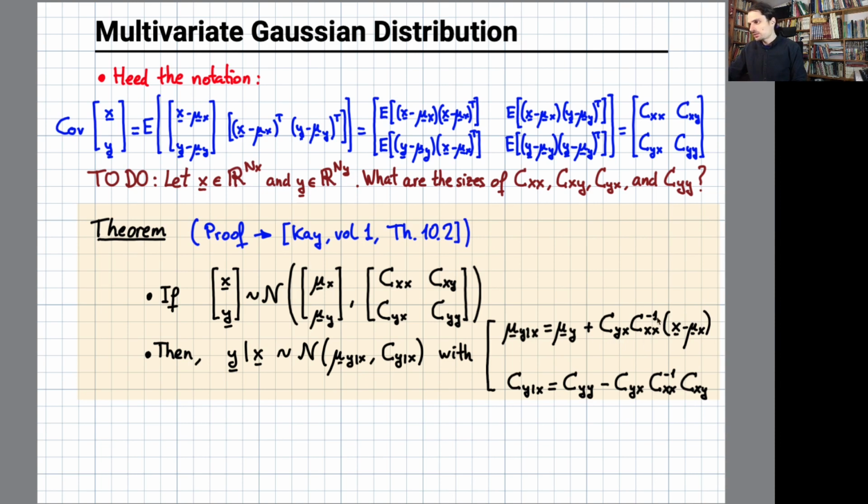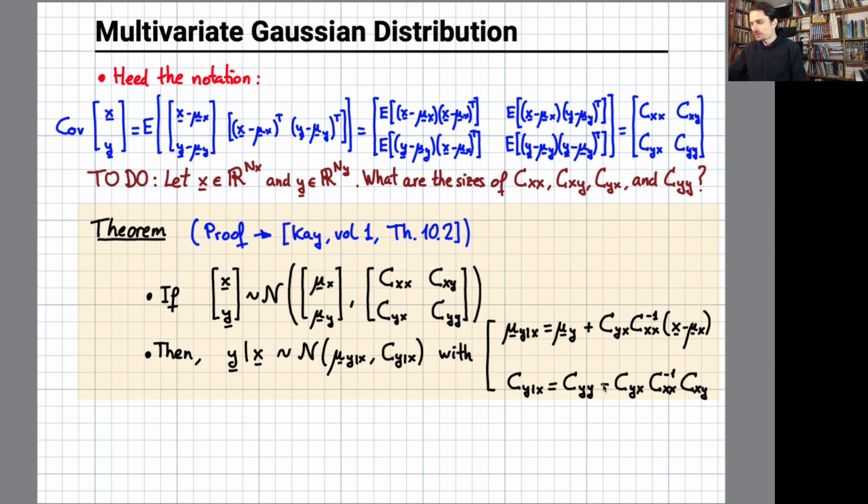And this shouldn't be difficult to remember, at least visually. We have y, x, x, x, right? So our retina can hold this information, okay? And the posterior covariance is just the prior covariance minus this term, okay?